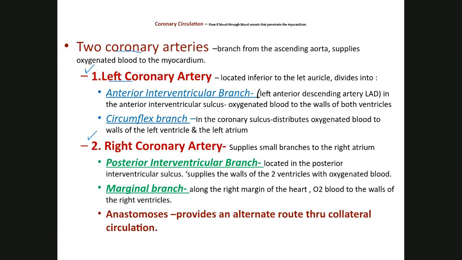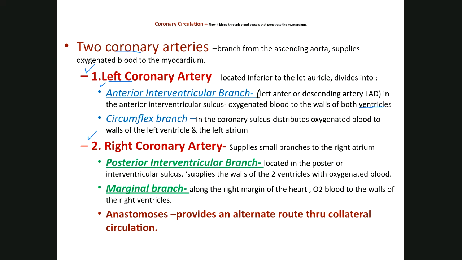One is called the anterior interventricular branch. So remember in the past we talked about how there's an anterior interventricular sulcus. This anterior interventricular branch is going to sit in that sulcus in the anterior part of the heart, and it's bringing oxygenated blood to the walls of both ventricles in the front of the heart.